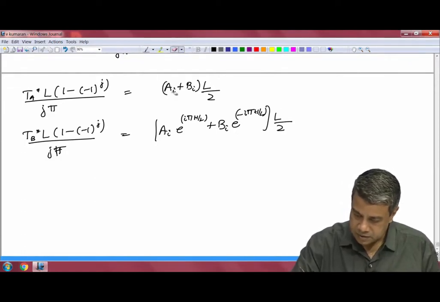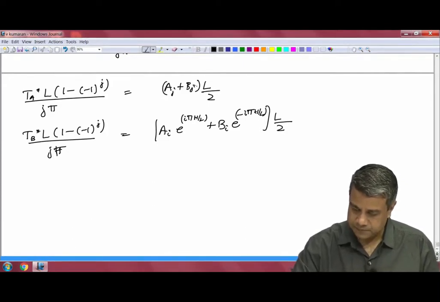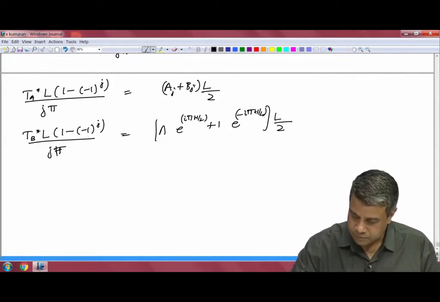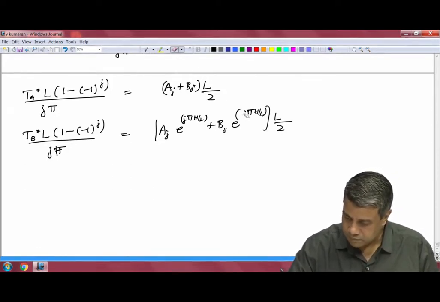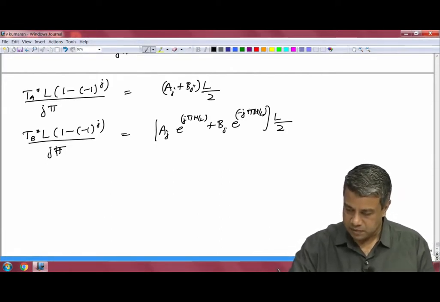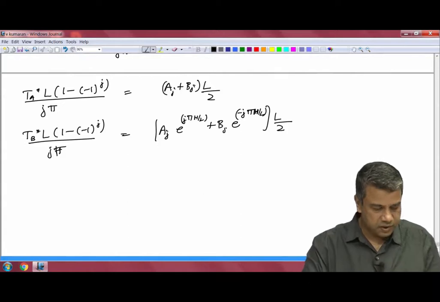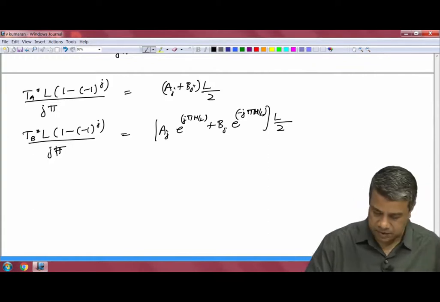Okay. So, this is h by L. Yeah. These two simultaneous equations can be solved to obtain what is Ai and Bi. Okay. And you can use that and substitute that back into the equation.